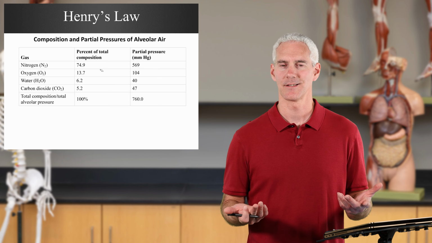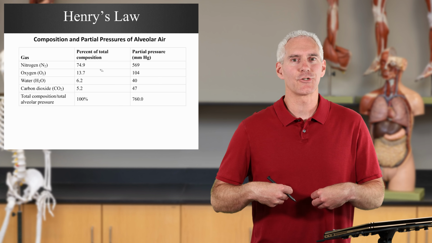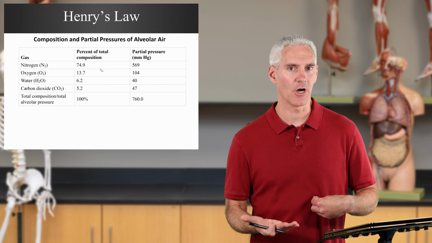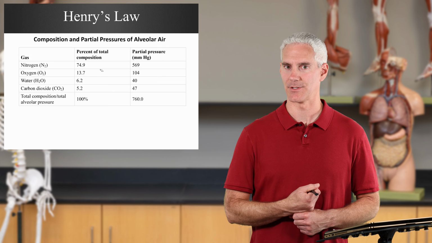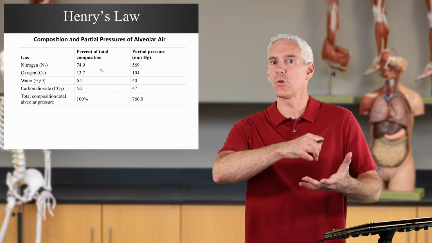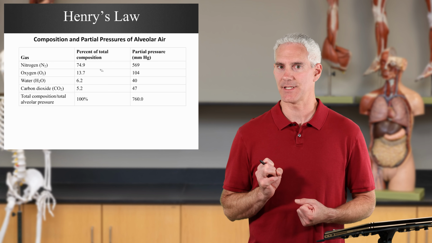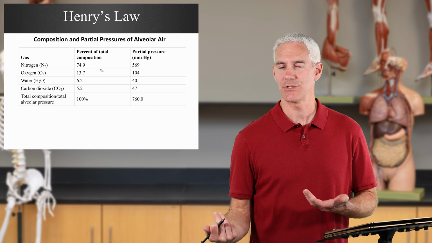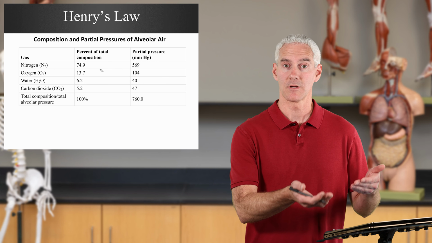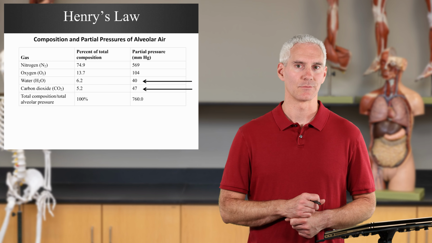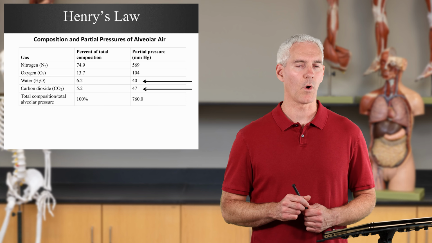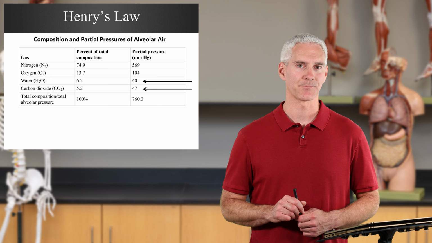Why is that? Well, inside your alveoli, where's the oxygen going? The oxygen is going into the capillaries, which means it's being pulled out of the gaseous state in the alveoli and into your blood. Therefore, the percentage becomes lower. But notice these two, partial pressure of water and carbon dioxide.